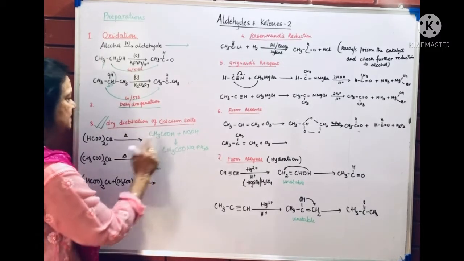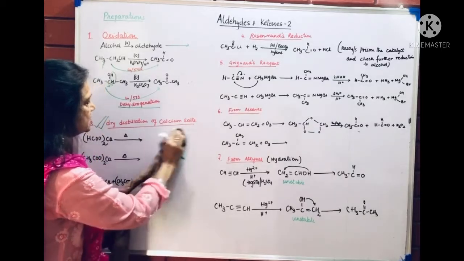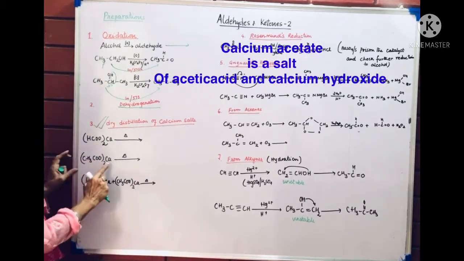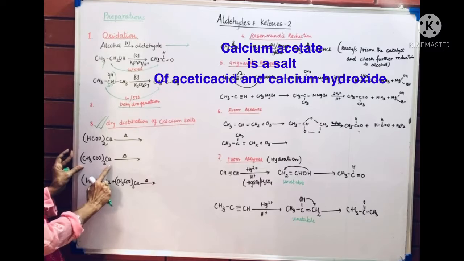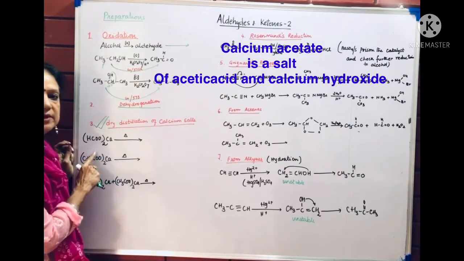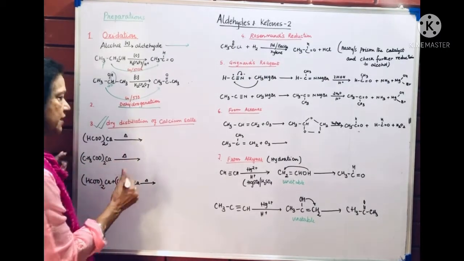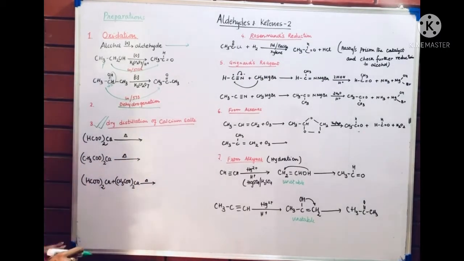So acid-base reaction gives you a salt, and calcium acetate is written as (CH3COO)2Ca. Similarly, for calcium formate, I use formic acid and the base calcium hydroxide. So there are 3 salts I have written: calcium formate, calcium acetate, and a mixture of both of them.